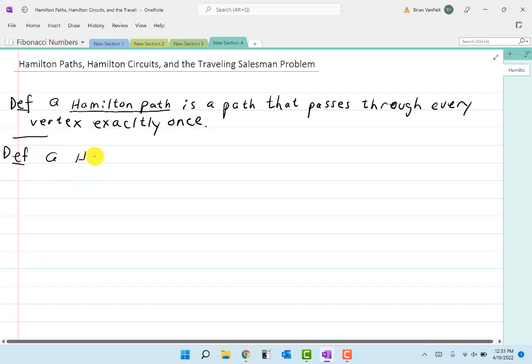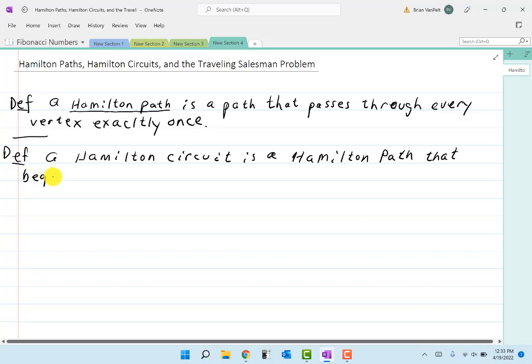A Hamilton circuit is a Hamilton path that begins and ends at the same vertex.